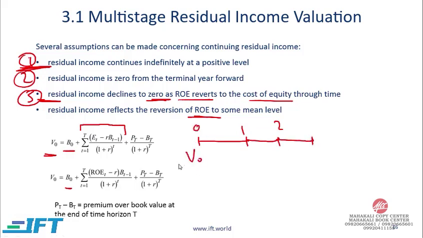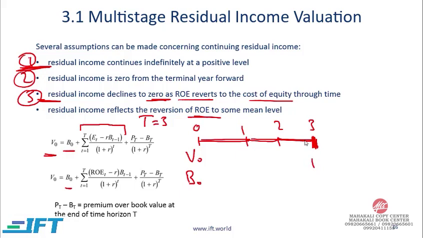What's the first thing to do? Take the book value. Then you come up with the residual income for year 1 and the present value of that, residual income for year 2 and present value, residual income for year 3 and the present value. Then at the end of year 3, which is T in our example, you come up with what is called the premium over book value.